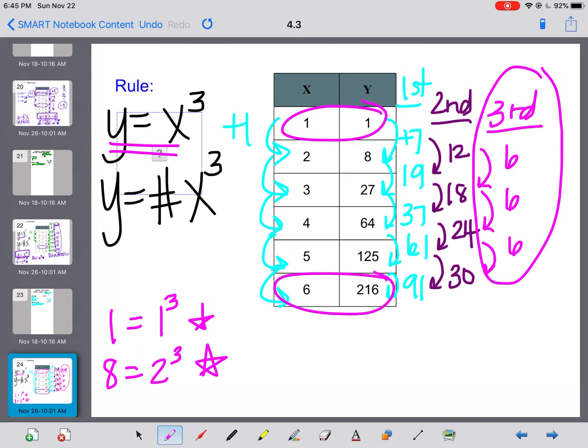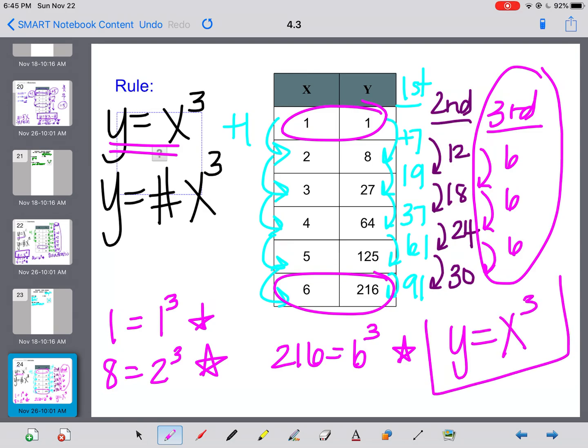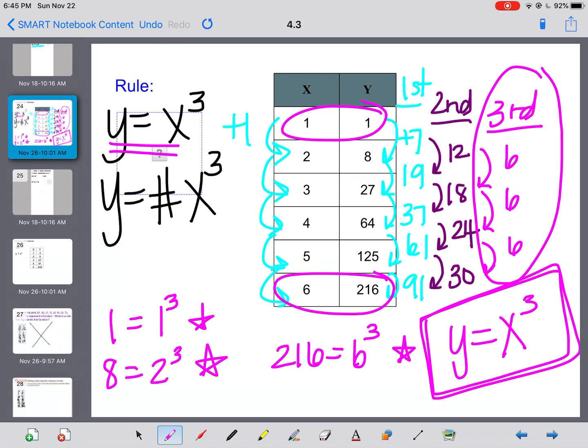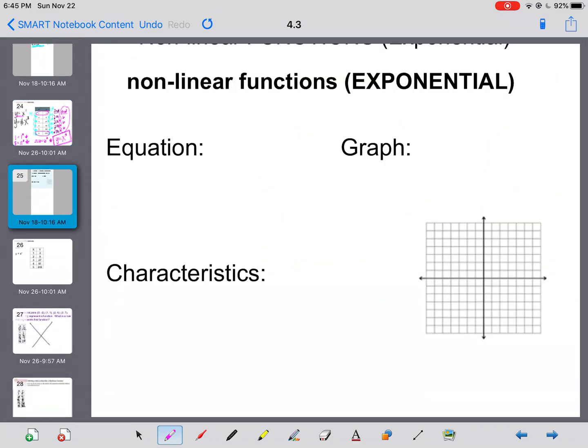So if I plug in my 1, 1 equals 1 to the third, that one works. Let's try the next one. 8 equals 2 to the third. That actually works too. Let's go to the very bottom. 216 equals 6 to the third. You can double check with a calculator, but that actually works too. So our rule for this table is y equals x to the third power.